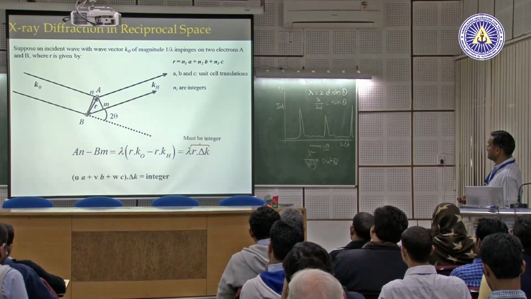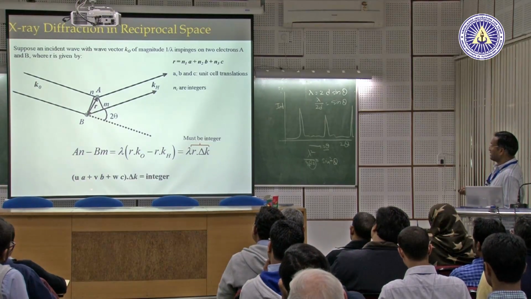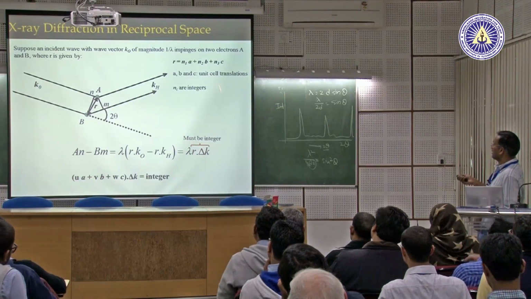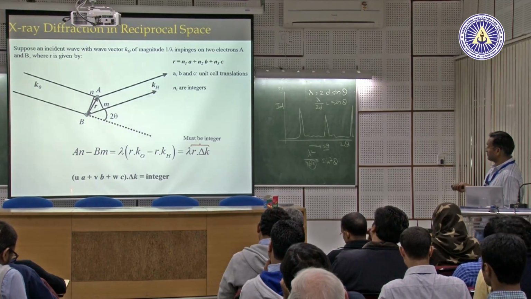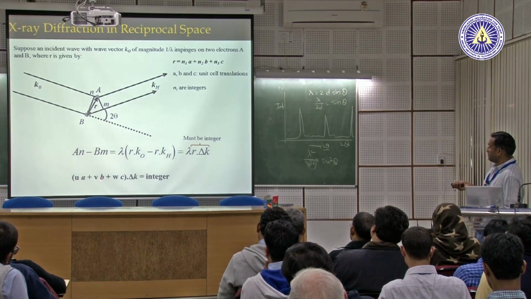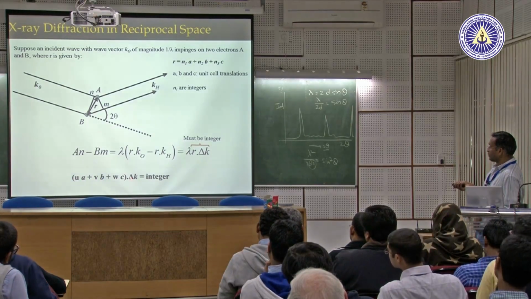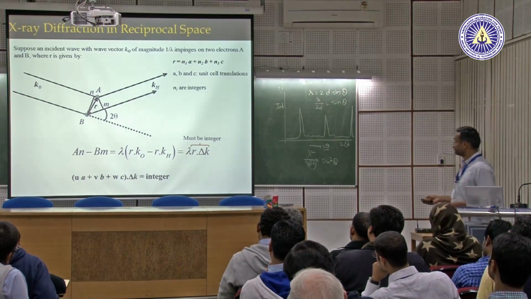So how do we represent it then? Let us say this is the R vector. If I say n1, n2 and n3 are nothing but u, v, w, some integers, then uA plus vB plus wC dot delta k is equal to an integer.